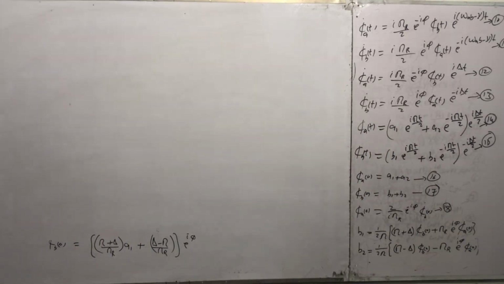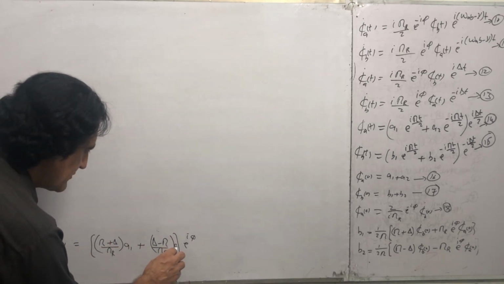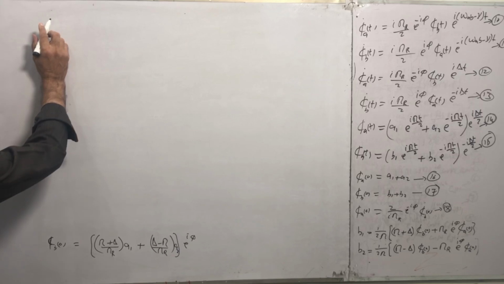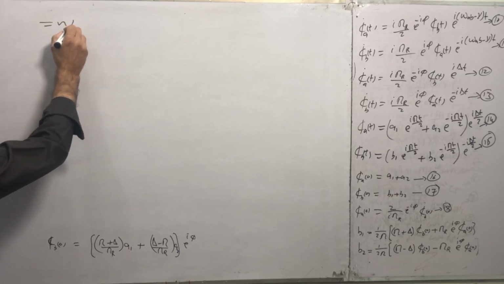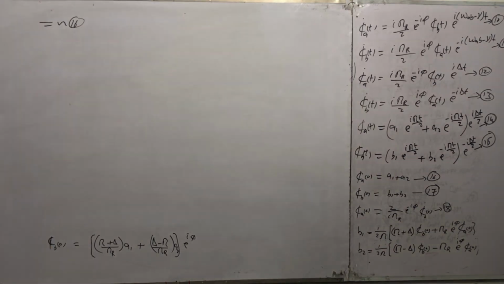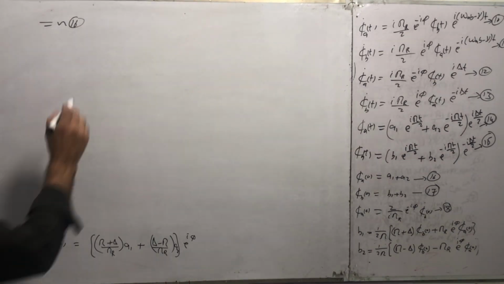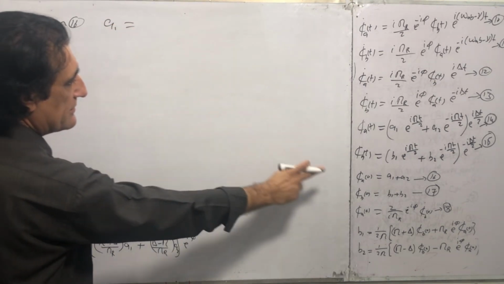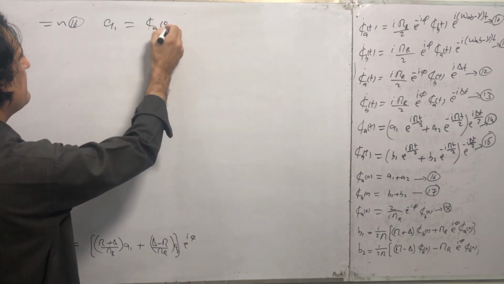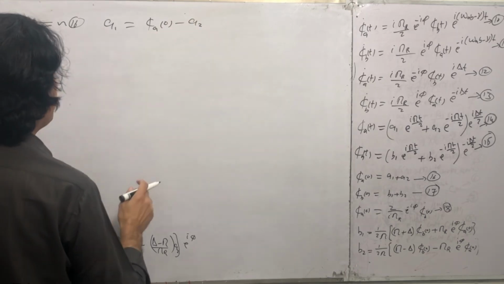Here is A2, so this is CB of 0 in this form, and if we consider equation number 16 and find the value of A1 from it, A1 will be equal to CA of 0 minus A2.